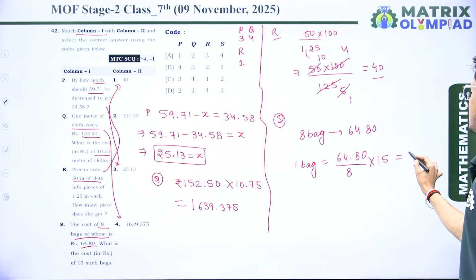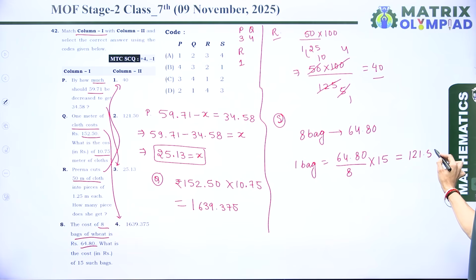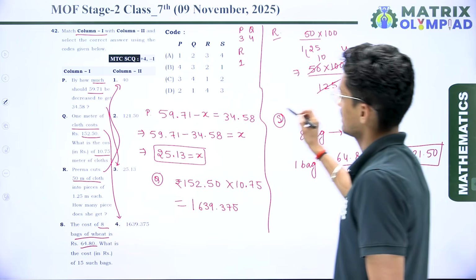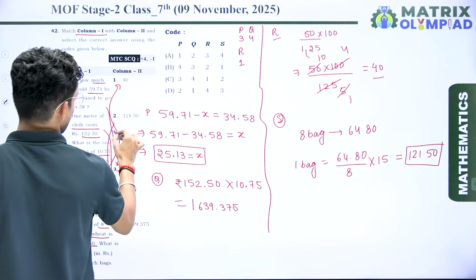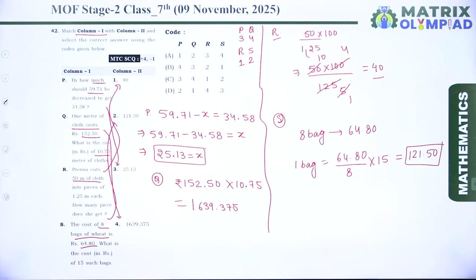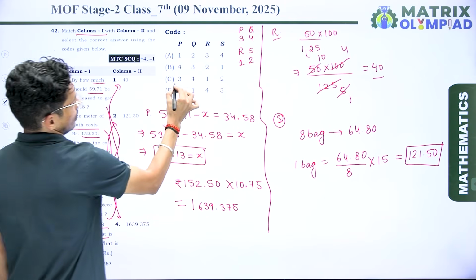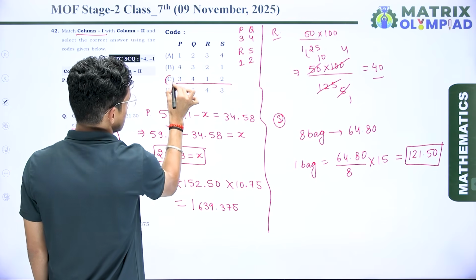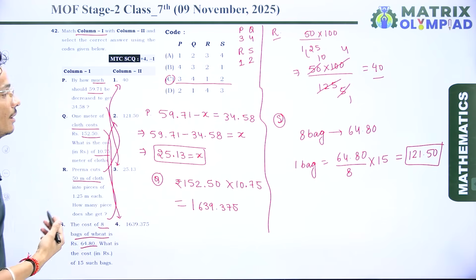So answer that is we get, that is 121.50. It means S is connected to 2. So here I can write S is connected to 2. So the correct answer is 3412. So here we have 3412. It means option number C is the correct answer over here.